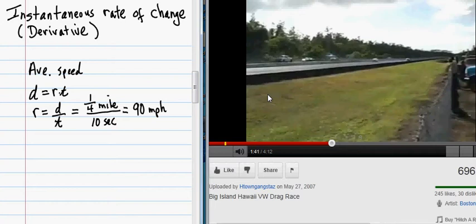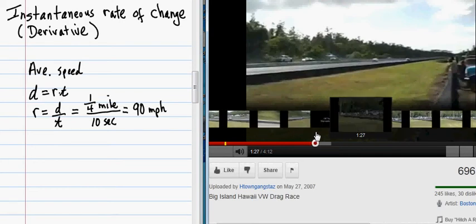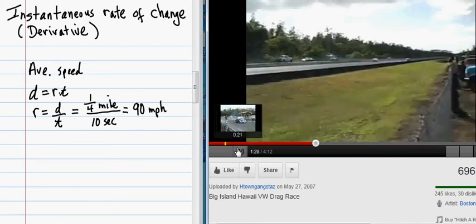But he certainly wasn't going 90 miles per hour all the time there. He started at 0 miles per hour and ended up approximately somewhere around 200 miles per hour. So the average speed doesn't cut it. We want the instantaneous rate of change. So let's back up this video and play it, and then we're going to freeze it.